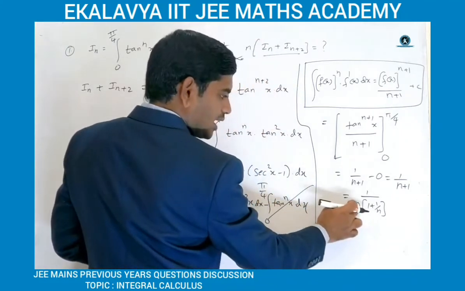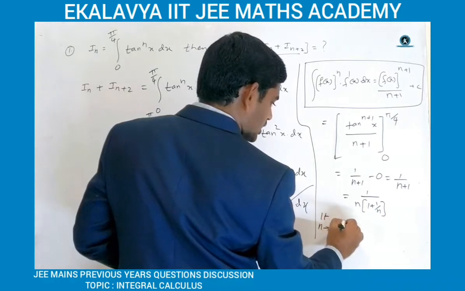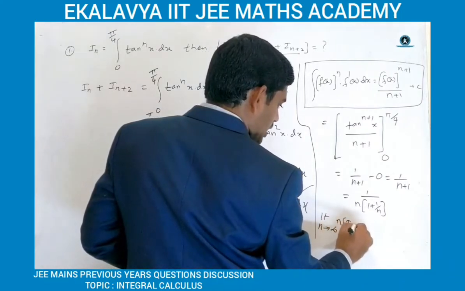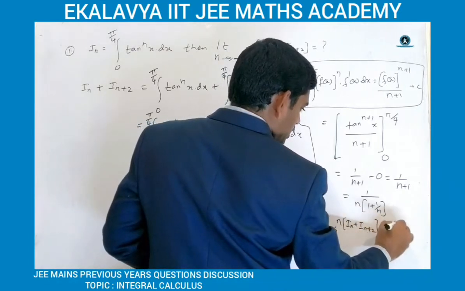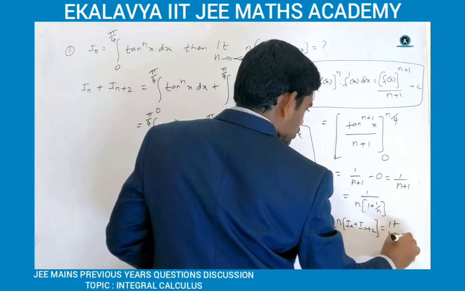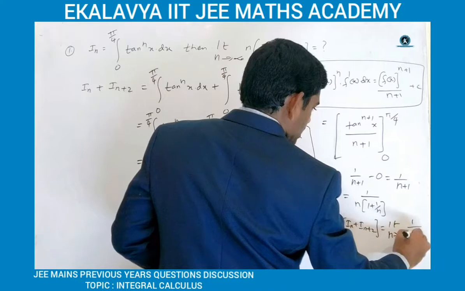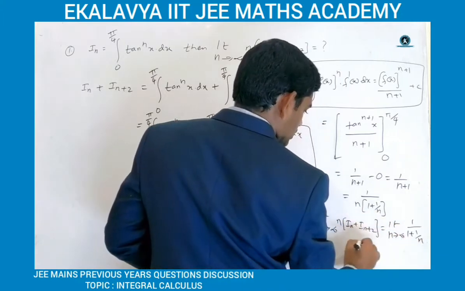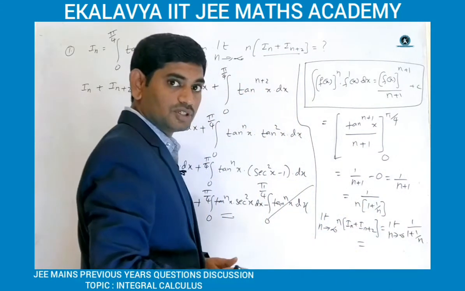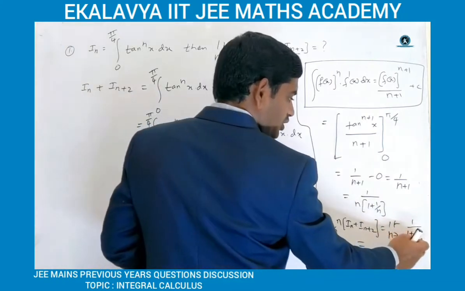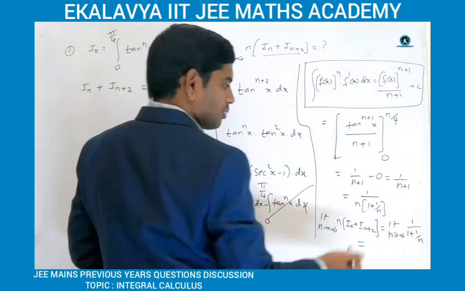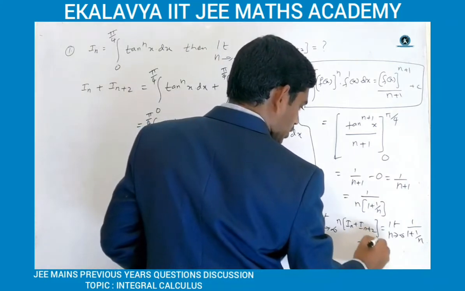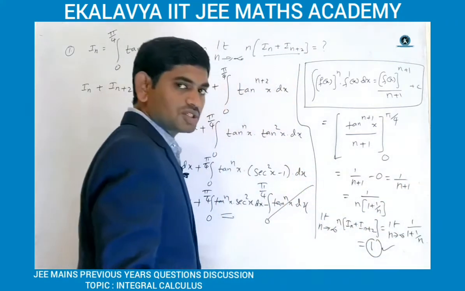This n also I am transposing to the left hand side. Then we get limit n approaches infinity of n into (I n plus I n plus 2), which is equal to limit n approaches infinity 1 divided by (1 plus 1 by n). If we substitute infinity here, we get 1 by infinity, which is 0. 1 by 1 plus 0 is 1. So the answer is 1.